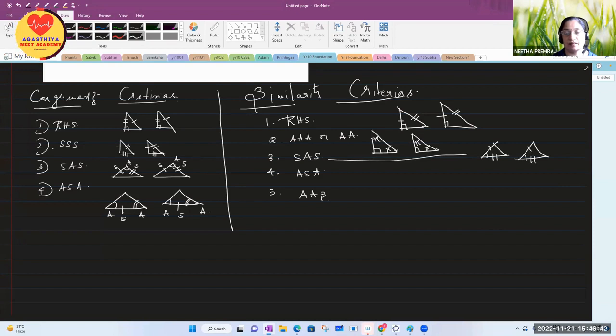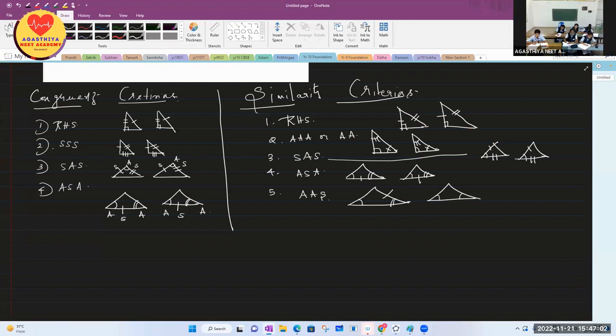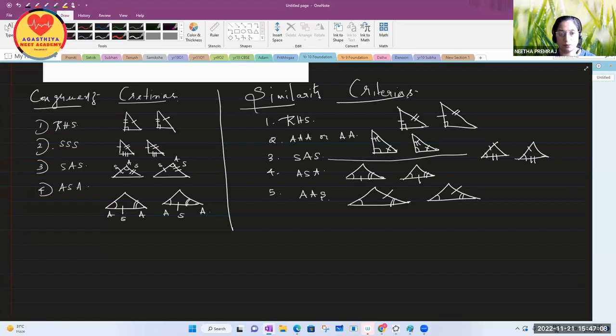Then this one: angle, side, angle. This is angle, angle, side. Okay. So make a note of it. We will move to next.